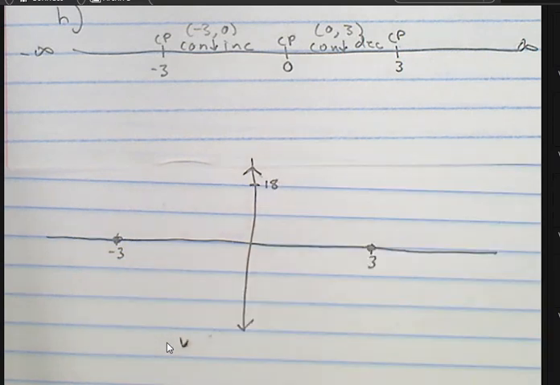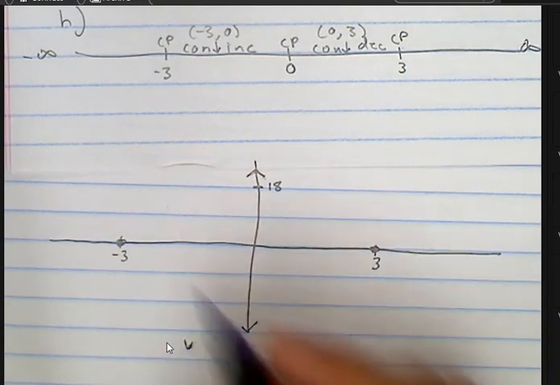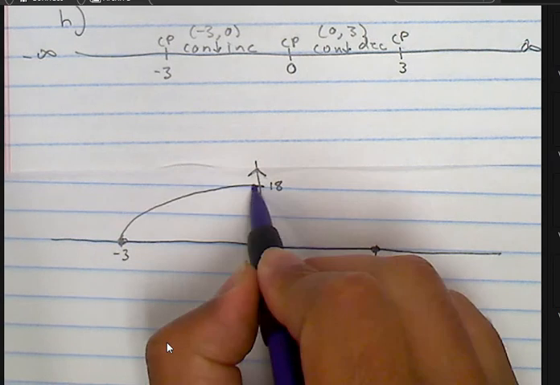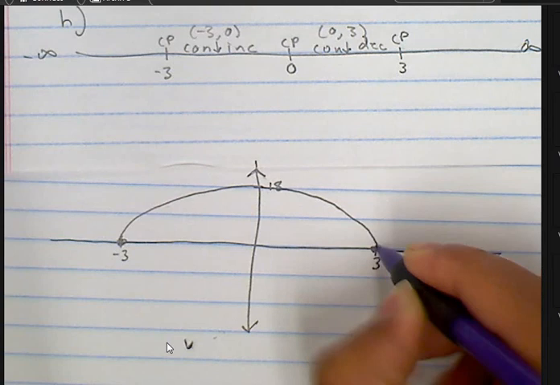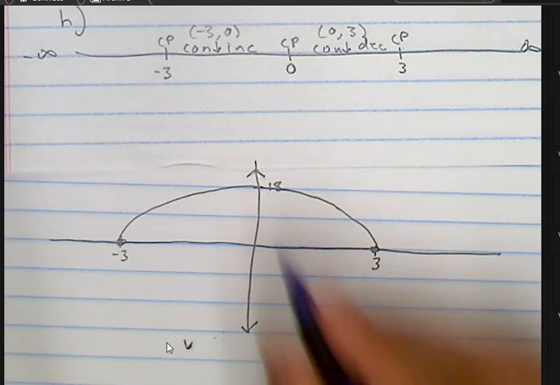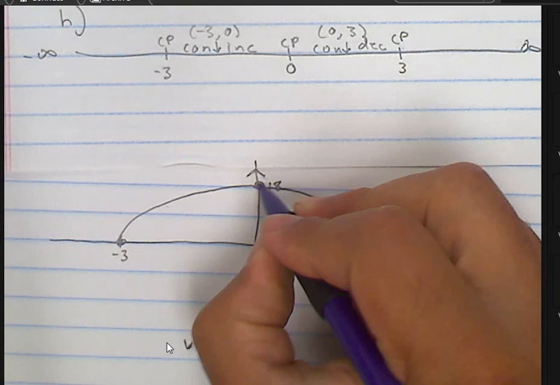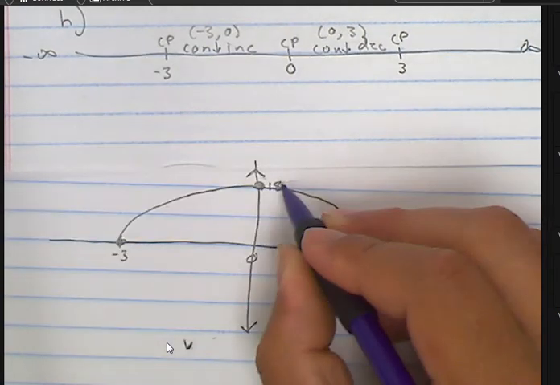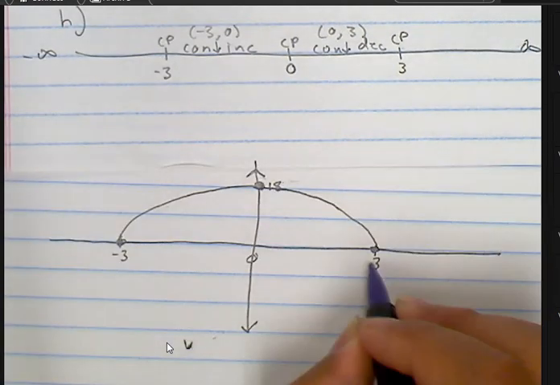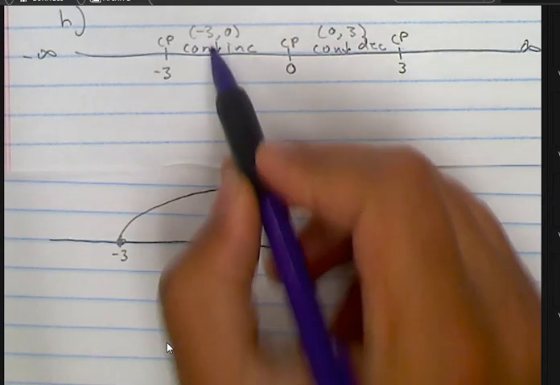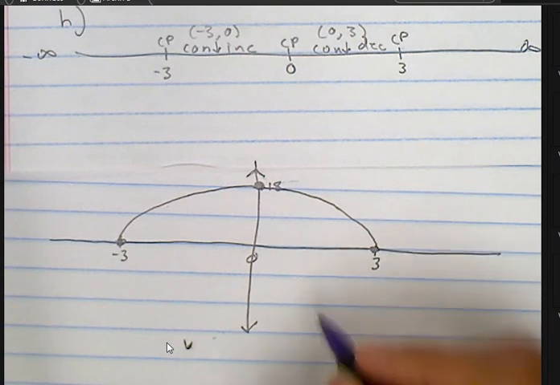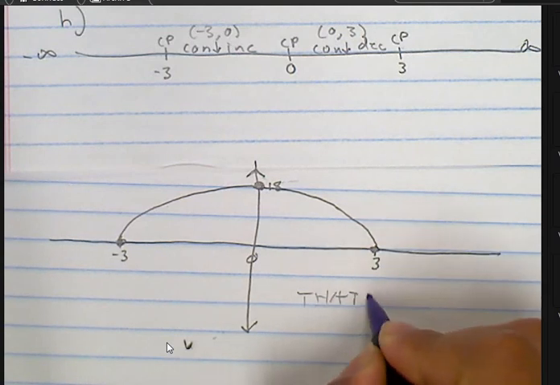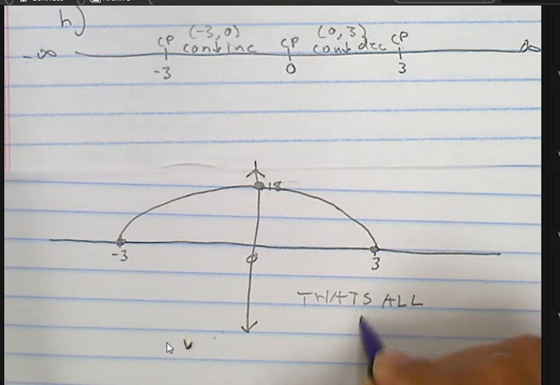Okay? We were increasing concave down, then decreasing also concave down. And it's simply a semicircle. So I've got my relative max, I've got my x-intercepts, I've got my y-intercepts. I'm concave down and increasing, concave down and decreasing, and that's all, folks.